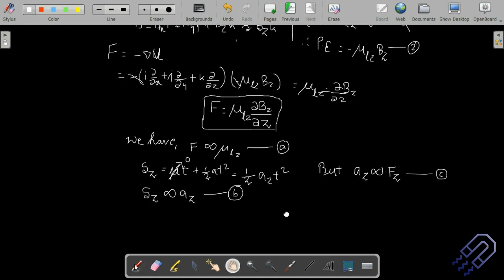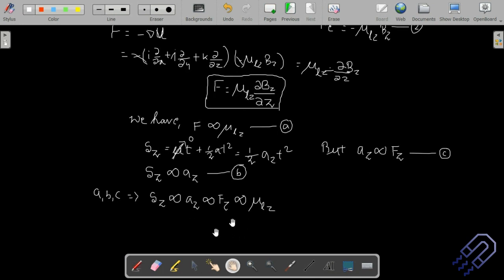Okay, and from this what we can conclude is, A, B, C implies that this deflection sz is directly proportional to the acceleration az, which in turn is proportional to the force that is being applied Fz, and this force is directly proportional to whatever is the magnetic moment that we have.